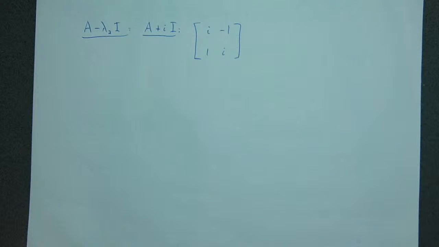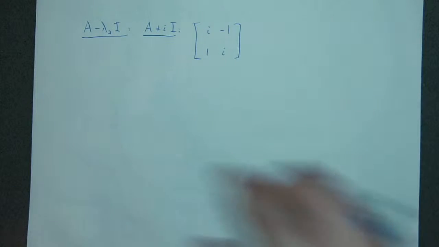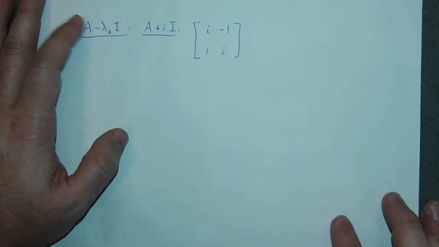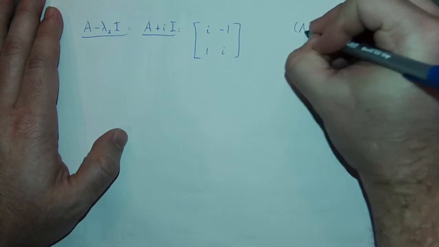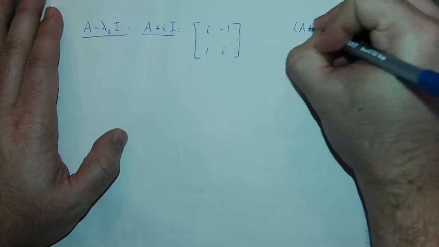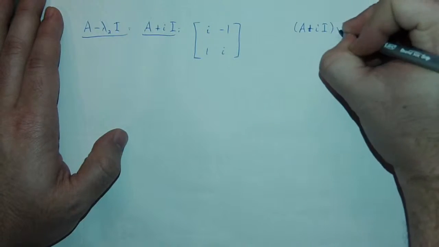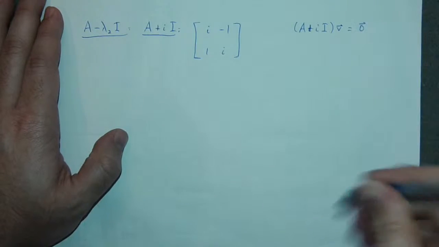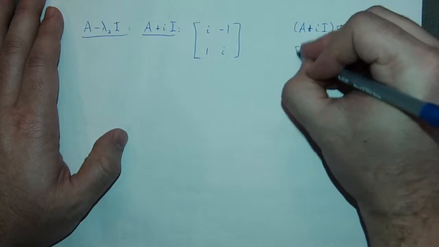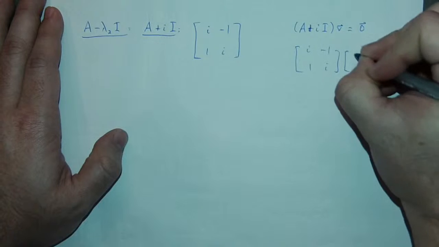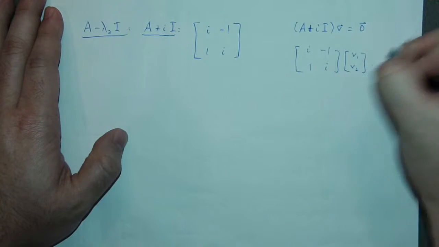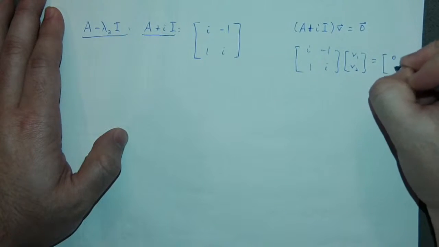All right. So looking at this thing, I want to look at A plus I times v is equal to 0. I want to look at this matrix equation. So I, minus 1, 1, I times v1, v2 is equal to 0, 0.